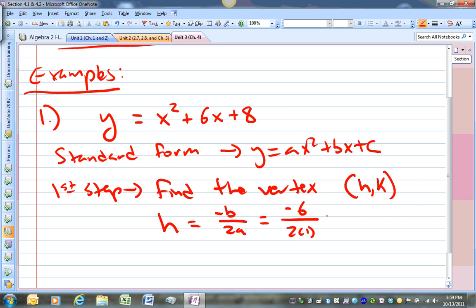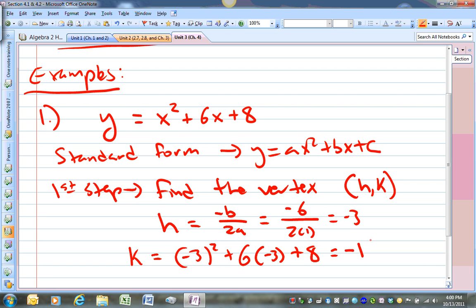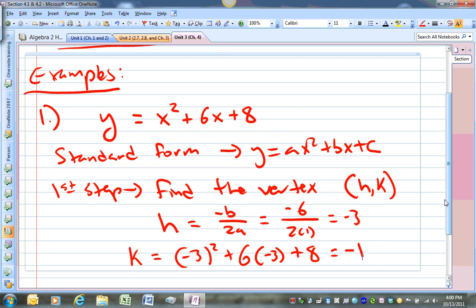A is 1, so h is negative 3. To get k, all you have to do is just plug in negative 3 into the earlier equation. Work that out, and we should get negative 1. So, pretty simple.